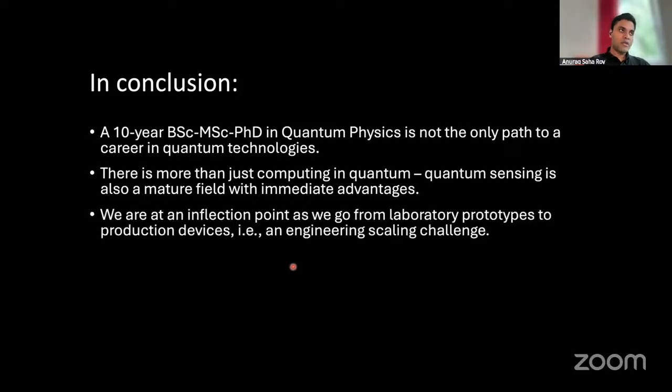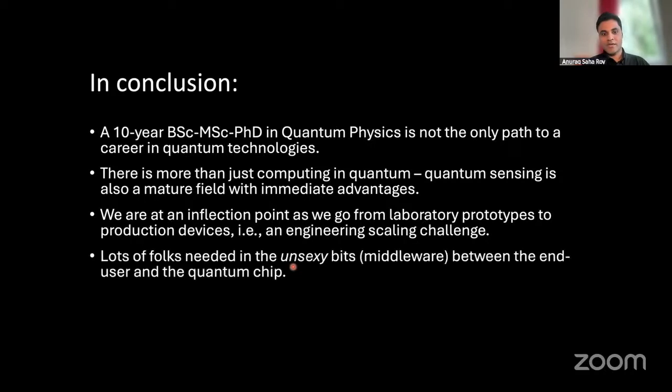And maybe a commentary on the state of affairs right now. We are at this inflection point where we're going from laboratory devices to production grade devices, which means it is very much an engineering scaling challenge. So we need a lot more people with material science, electrical engineering, computer engineering, embedded systems backgrounds, as much as we need physicists right now.